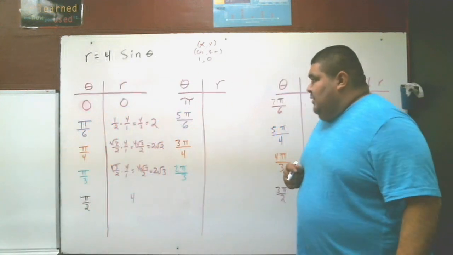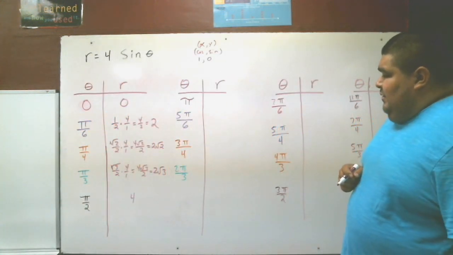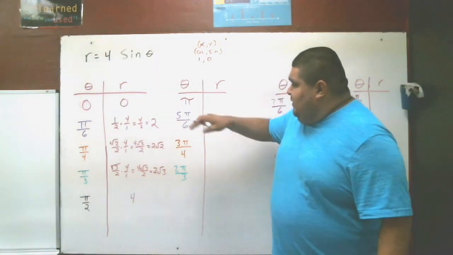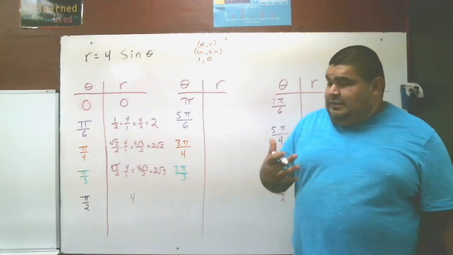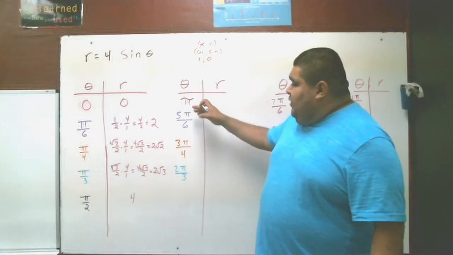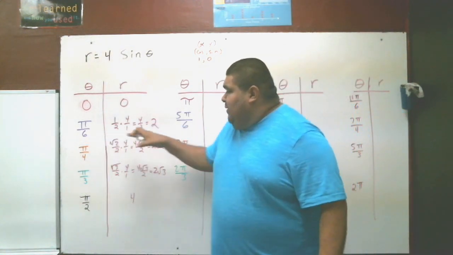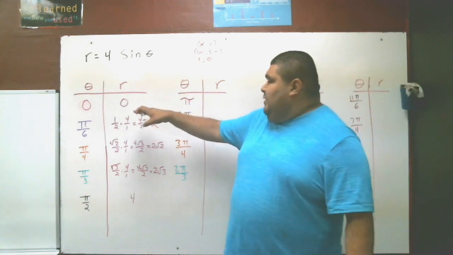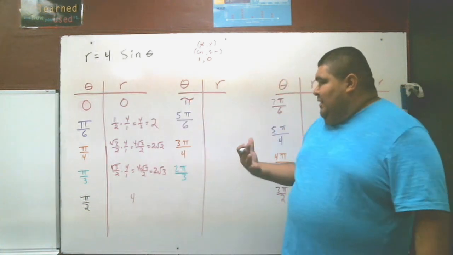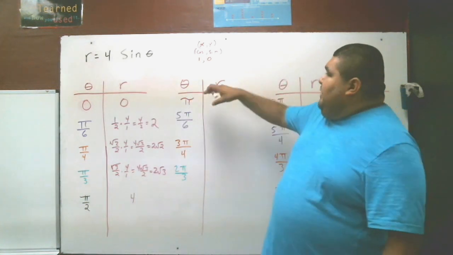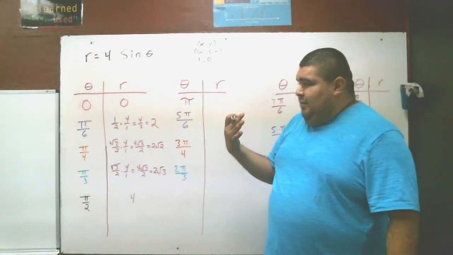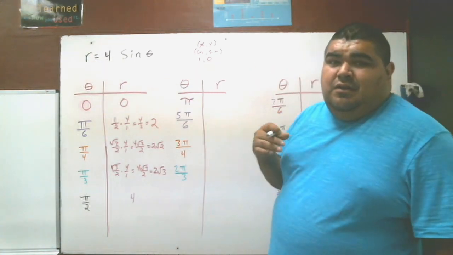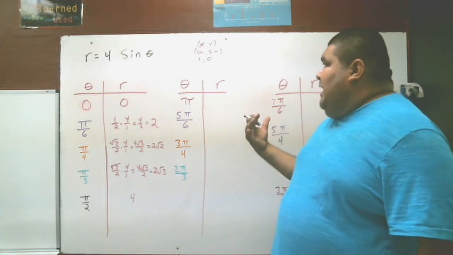Then we have, should we start off from the bottom? You guys start from the top. It really doesn't matter, because once you graph it, it's all going to make sense. Since I try to keep the 6's together, I put pi up here for our first one. So pi, again, this time we're dealing with the opposite. Instead of a 0, well, technically still 0, because it doesn't move on the y-axis.